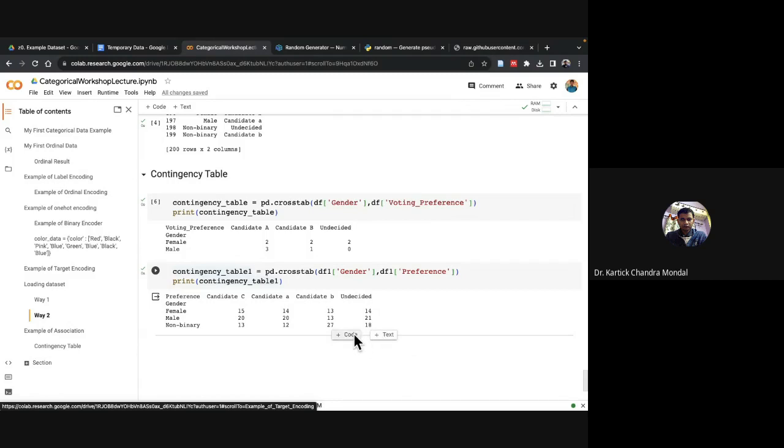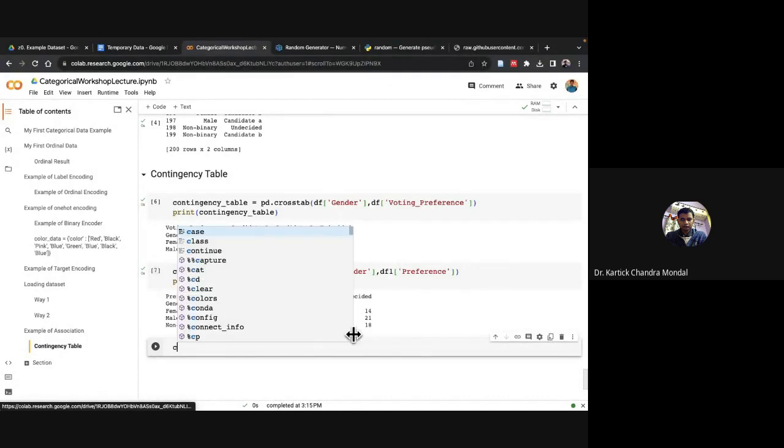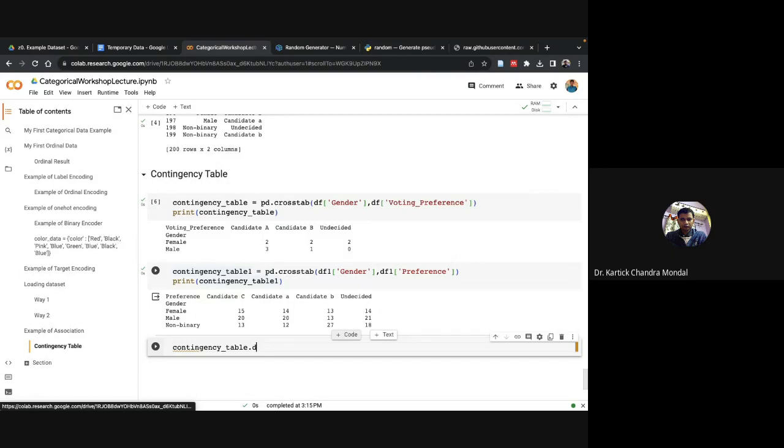So code, and then the contingency table dot div, table sum based on axis 1.